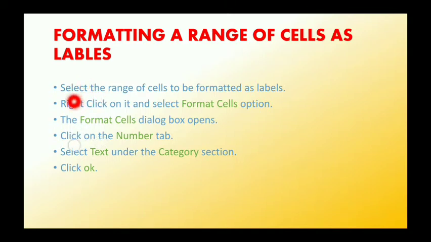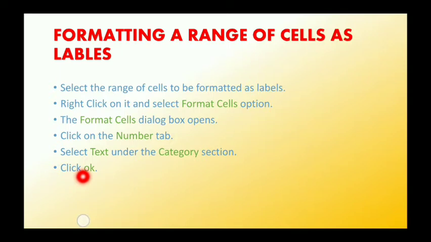First of all, select the range of cells to be formatted as labels. First select the range of cells, then right click on it and select the format cells option. Now the format cells dialog box will appear once again, and click on the number tab. After that, select text under the category section and then click OK.